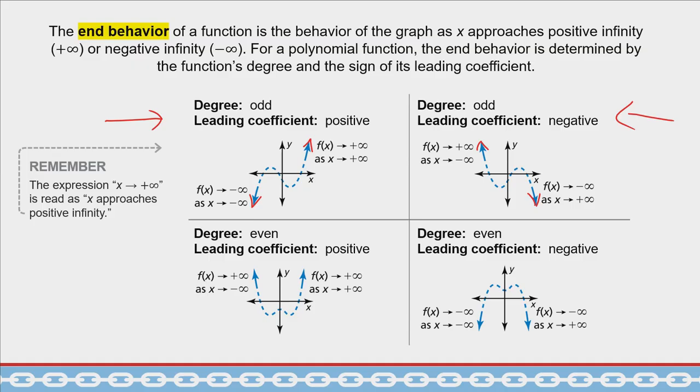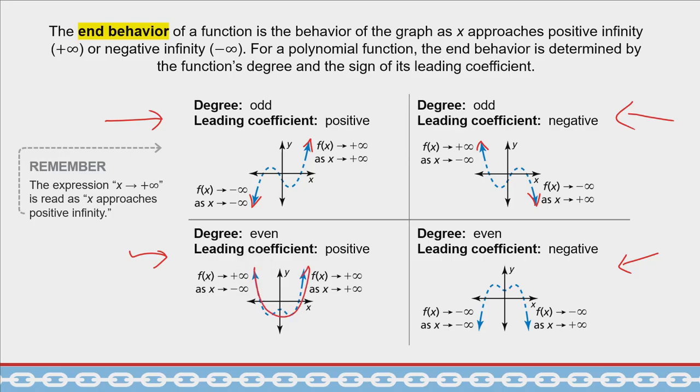For even degrees, right, all even degrees, 2, 4, 6, 8, etc., they follow this pattern down here. Right, if it's positive, remember we talked back in the previous chapter about positive gives you that smiley, negative gives you frowny. That works for all evens, right?